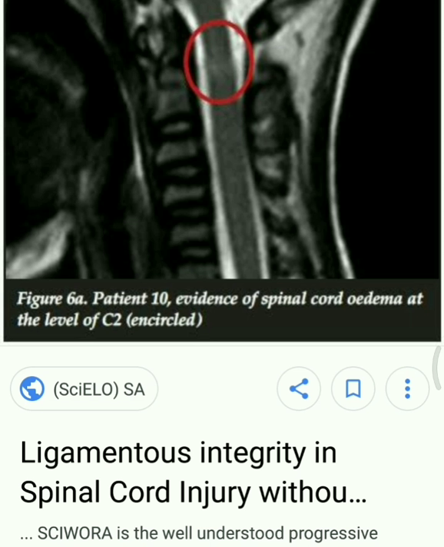Now spinal cord injury may be complete or incomplete. The investigation of choice is MRI. If sacral sparing is present, that means it is an incomplete spinal cord injury. Here perianal sensation is present, rectal motor tone is present, and the bulbocavernosus reflex is present.